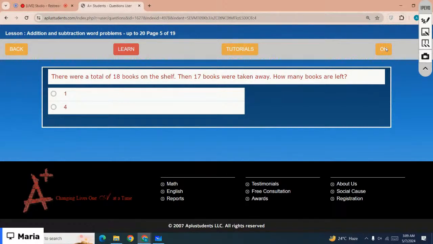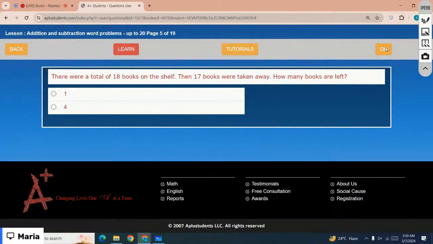There were a total of 18 books on the shelf. Then 17 books were taken away. How many books were left? So, which is the correct option? 18 books on the shelf, right?